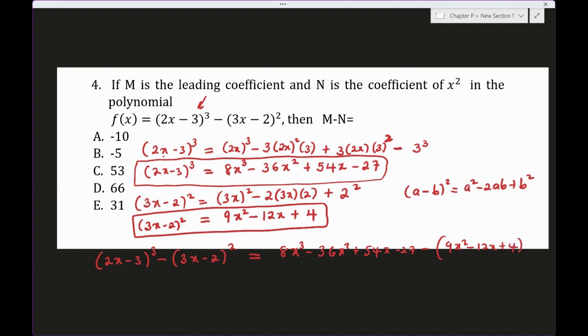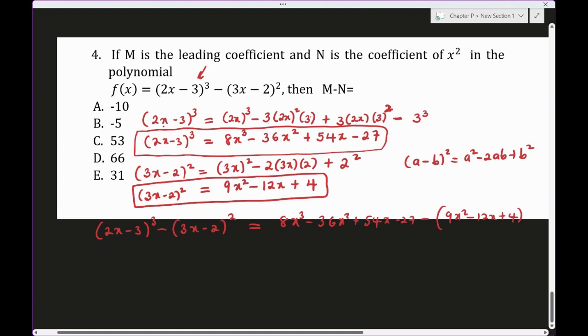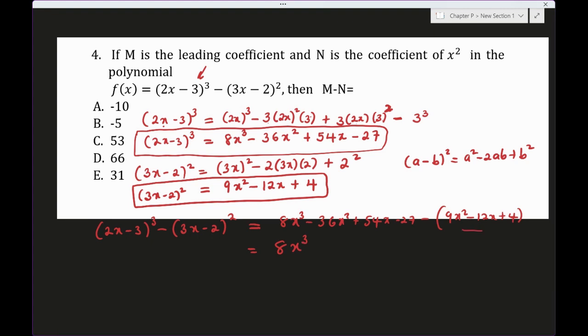Now, if we look at this, what do we get? This will just be 8x cubed, because there is nothing to do with x cubed coming from here. For the x squared, this is minus 36 minus 9. So this will give us minus 45x squared.